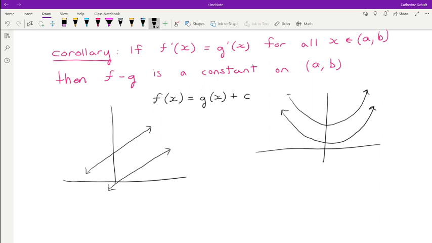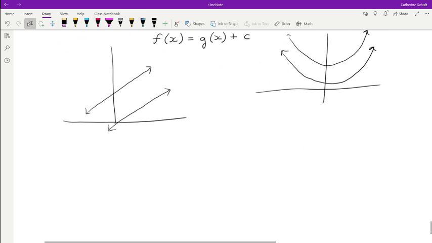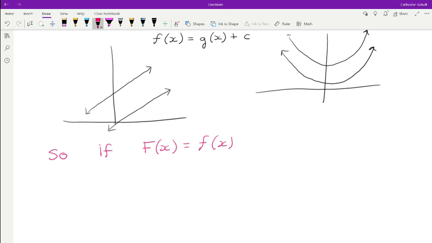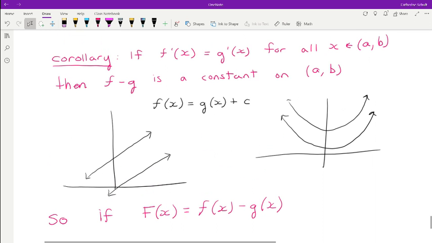Okay, so let's see what we can do. Let's say we define a big F. We're just going to show how we can prove this really quick. We can define F to be the difference between the functions, and we're going to show that F is a constant, okay?